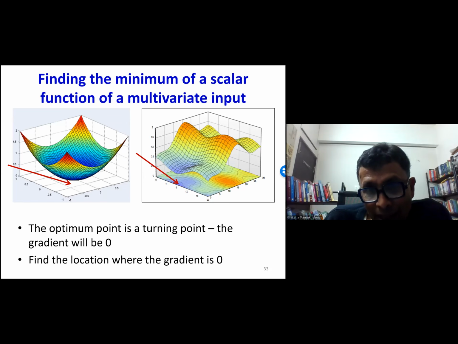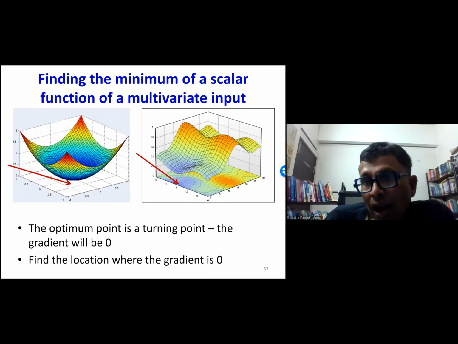So at this point, the Hessian is going to be a matrix with 2 eigenvectors. The first eigenvector will give you this direction. The second eigenvector will give you this direction. It will have 2 eigenvalues. The first eigenvalue will give you the second derivative along this direction. The second eigenvalue will give you the second derivative along this direction. And so over here, what can you tell me about the 2 eigenvalues of the Hessian? What will their signs be?